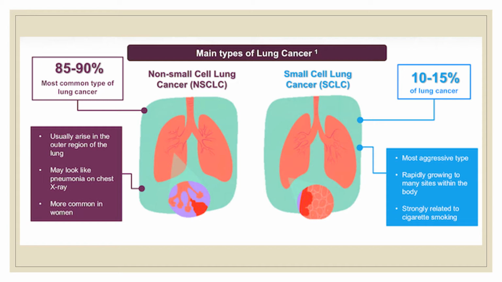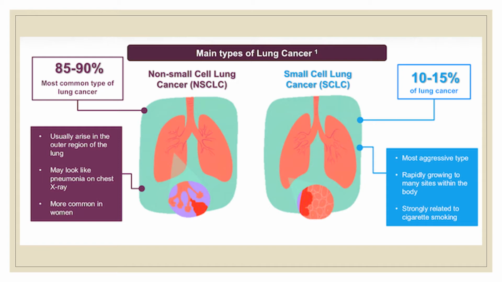Non-small cell lung cancer, again, 85 to 90%, is the most common type of lung cancer. It usually arises in the outer region of the lung. It may look like pneumonia on chest x-ray, so patients may present like they're having pneumonia, and it's usually picked up either on CT scan or on the chest x-ray, and this tends to be more common in women.